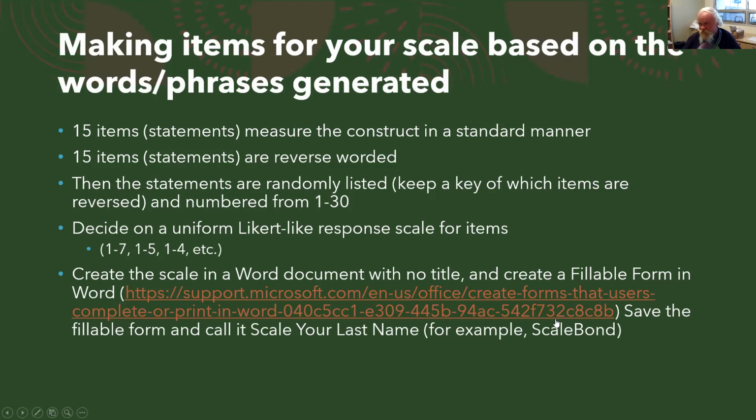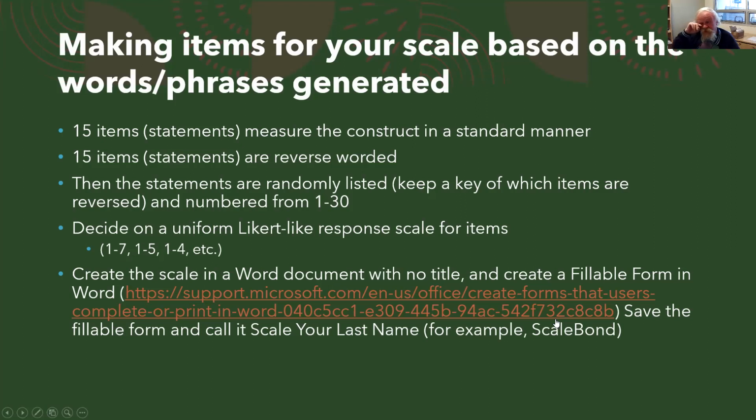Because if they guess it, then that makes your results a little tainted. Whereas if they don't know what you're trying to measure, then they can go through the scale and your results should be good, okay? All right, so after you put it in a Word document, you can then make a fillable form where people can be sent this fillable form, and they can click on their ratings after each item, okay?